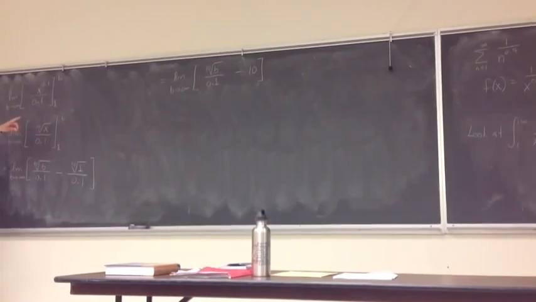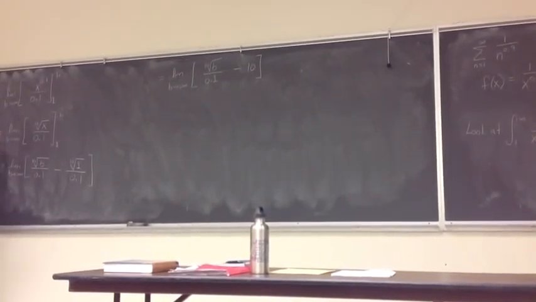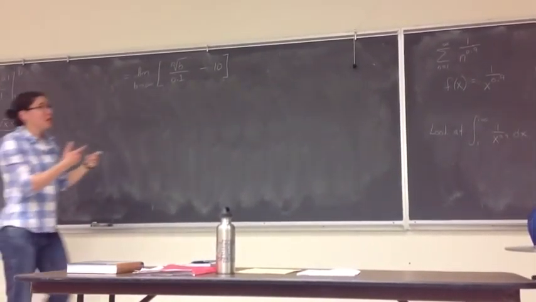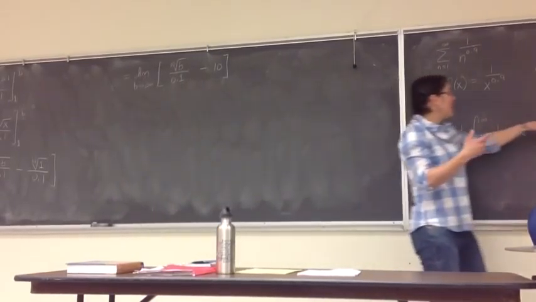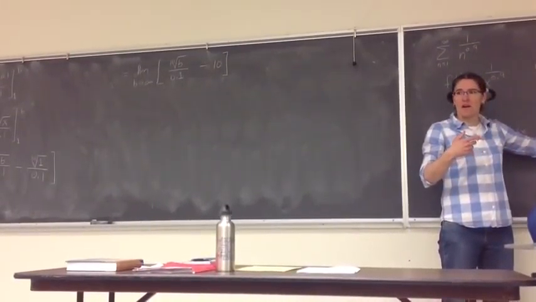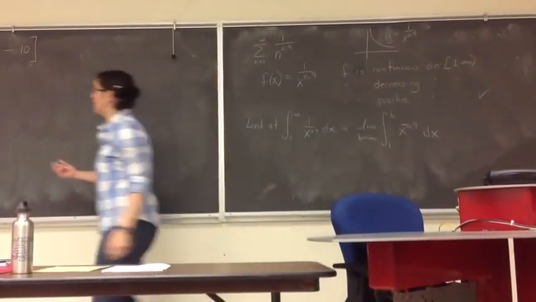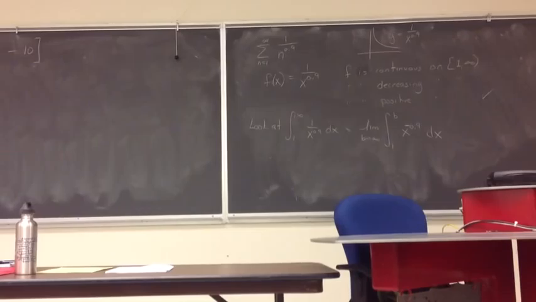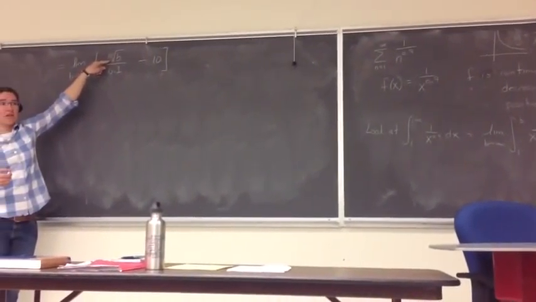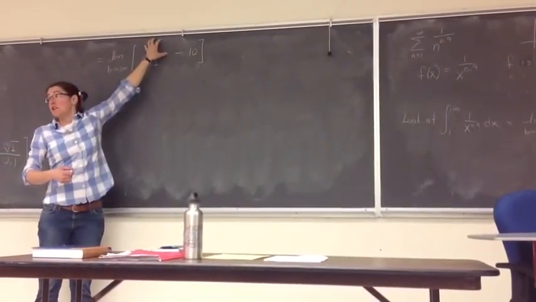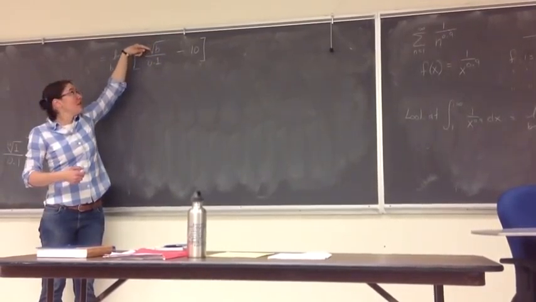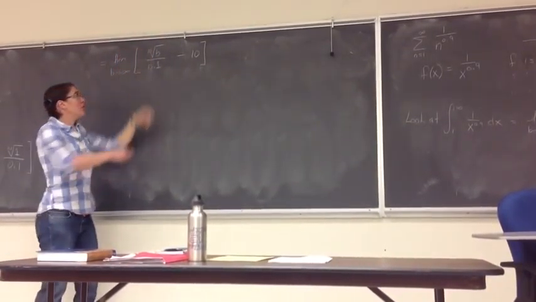So the big deal was that when our power was a negative number and we added 1 onto it, with this particular example, our power became positive. And so now our b is part of our numerator, and as b gets really big, our numerator is getting large. So we have a huge number divided by 0.1.